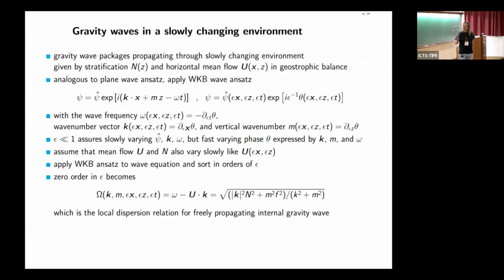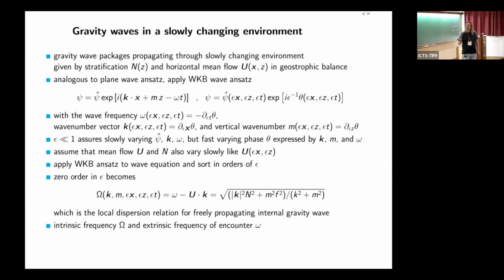And the other thing which you get is, of course, two frequencies. You have the intrinsic frequency, capital omega, which is the familiar or unfamiliar internal wave dispersion relation, which looks a bit complicated, and it's actually a complicated expression. It makes this capital omega lie in between f and N, which we saw on the first slide. The dispersion relation has always been between f and N. But now we also have the small omega, which is the frequency of encounter.